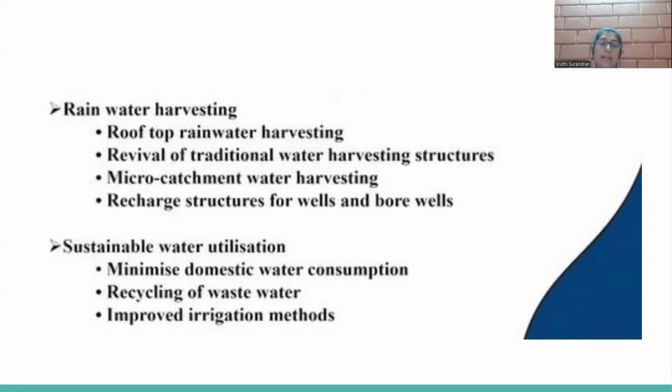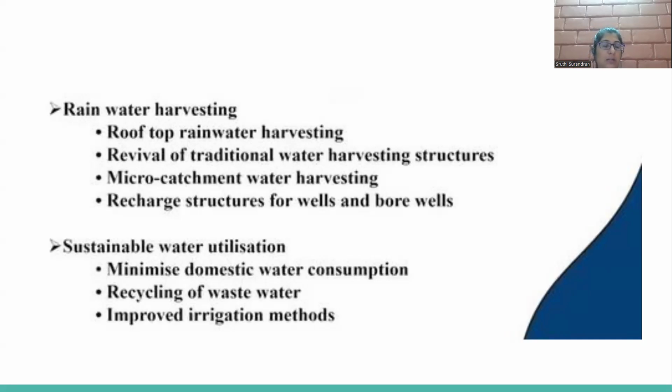Contrary to that, sustainable water utilization is making optimal use of water such that we have our needs fulfilled as well as keep sufficient water for the future. So we have to optimize the use of water, that is, minimize it. A lot of water is wasted, particularly in bathrooms while brushing, when we open taps for a long time even though it is not necessary.